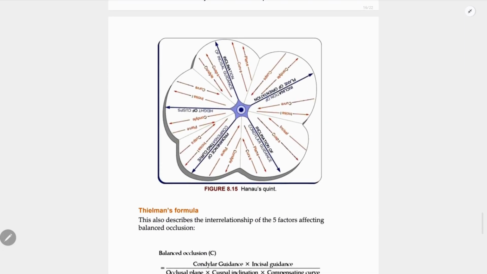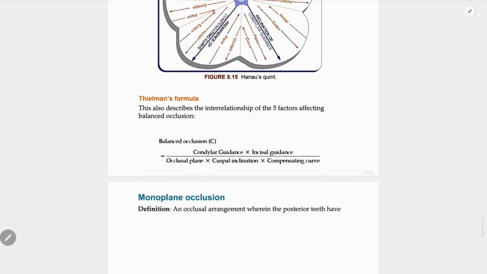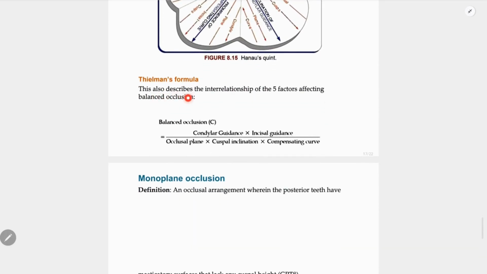So it has all the different factors that affect the balanced occlusion. Then comes Thielman's formula. This also describes the interrelationship of the 5 factors affecting the balanced occlusion. In other terms, balanced occlusion is directly dependent on condylar guidance and incisal guidance, and indirectly it is dependent on occlusal plane, cuspal inclination and compensating curve. The deeper the compensating curve, the more the balanced occlusion will be affected.